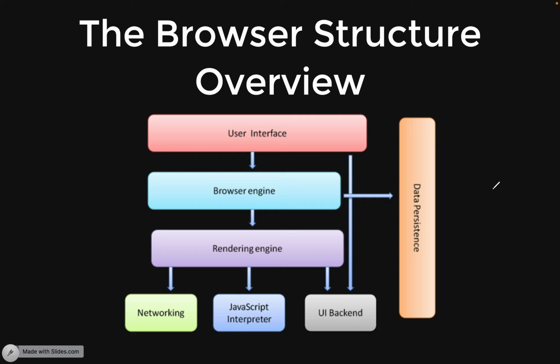And a few other components such as data persistence, which includes local storage, IndexedDB, session storage, and cookies; the UI backend, which is used to compute the UI layout; the JavaScript interpreter or JavaScript engine, which is used to parse and execute the JavaScript code; and then the networking components. So this is a high overview of what a browser looks like and what components it has. It will be common across all browsers.